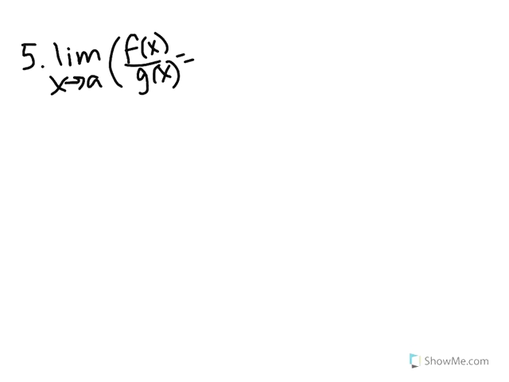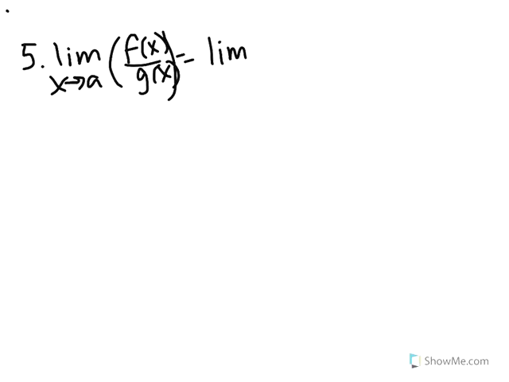So number 5. The limit of a quotient. So since we did product, we're going to do quotient. So the limit as x approaches a of f of x over g of x is equal to the quotient of the limits. So we can take the limits of each separately. I guess I should have put parentheses around this.